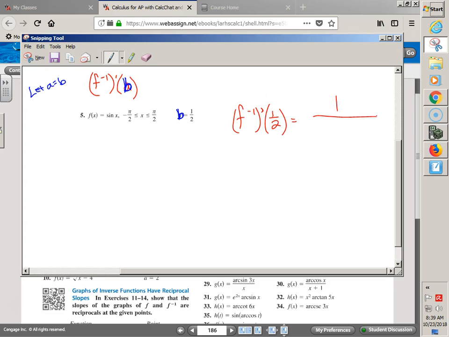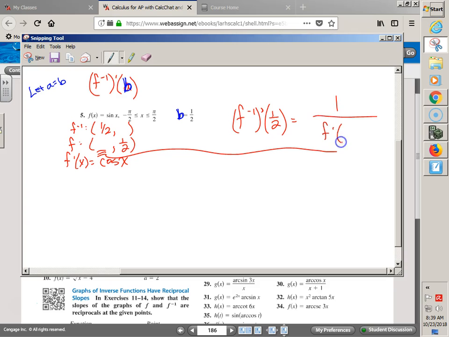So if you just use the formula, we could say f inverse prime of 1 over. Now, some of you might have realized that taking f prime, the derivative of sine is cosine, might be helpful before you get to the formula. But what else is helpful before you get to the formula? Thinking about who you have. 1/2 is an x of the inverse, which means, what is it of the original? So what did you have to do? Find it. How do we find it? Set 1/2 equal to sine. The y needs to go in the y spot.